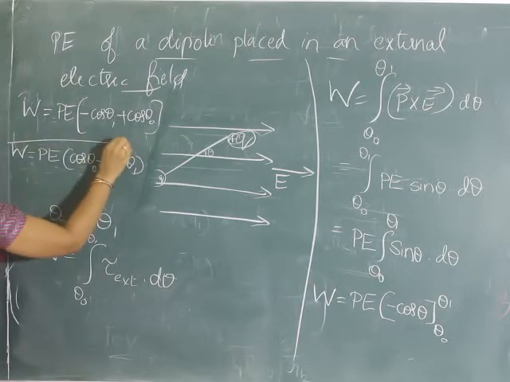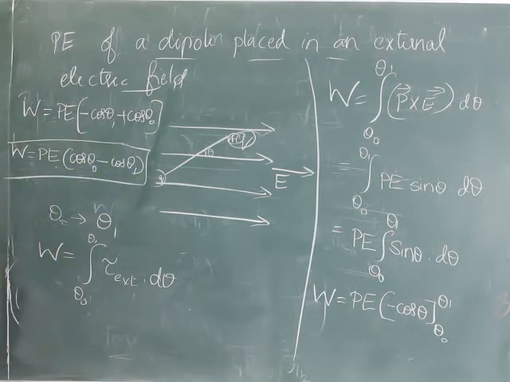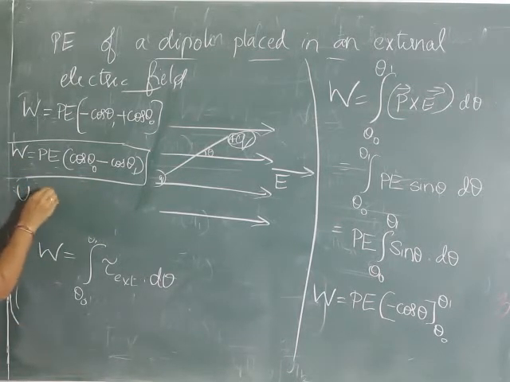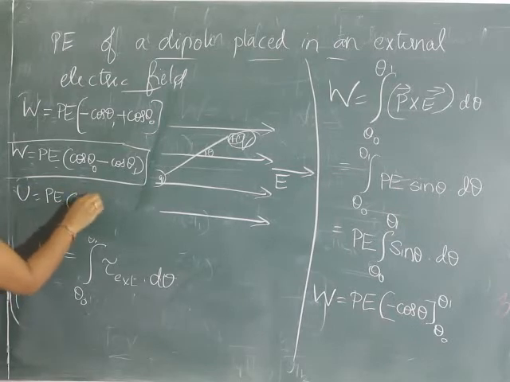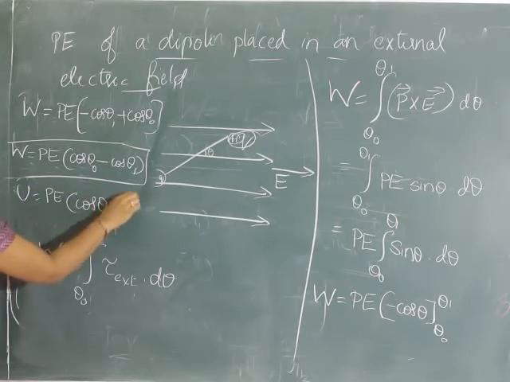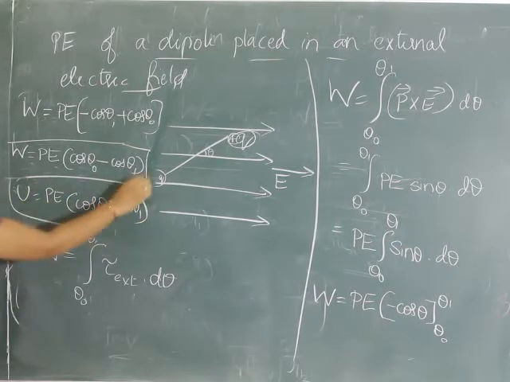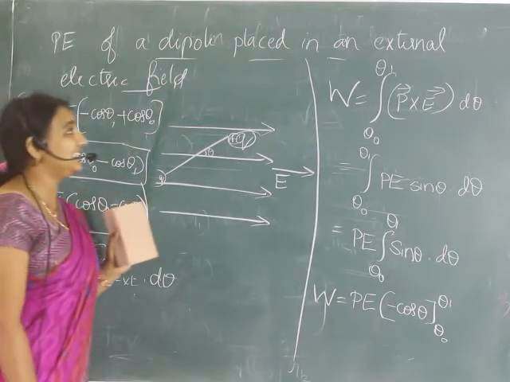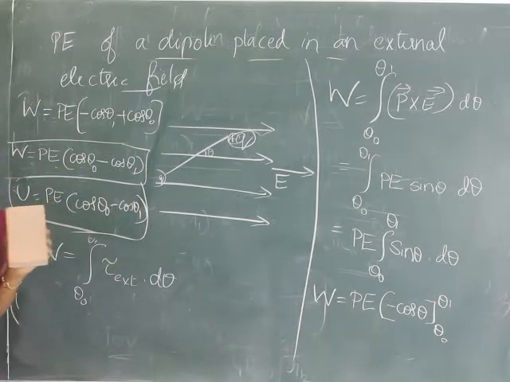This is the expression for work done, which is stored in the form of potential energy. So I can say U is equal to PE (cos theta naught minus cos theta 1). This is the expression for potential energy of a dipole placed in an external electric field.